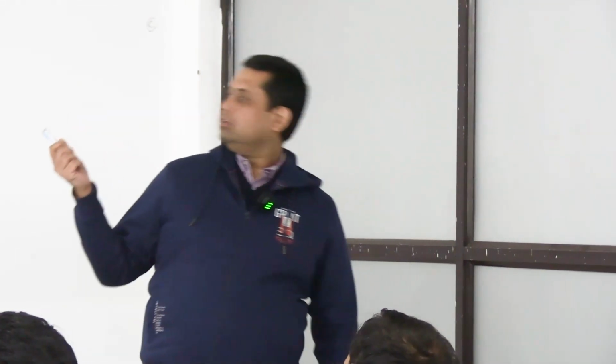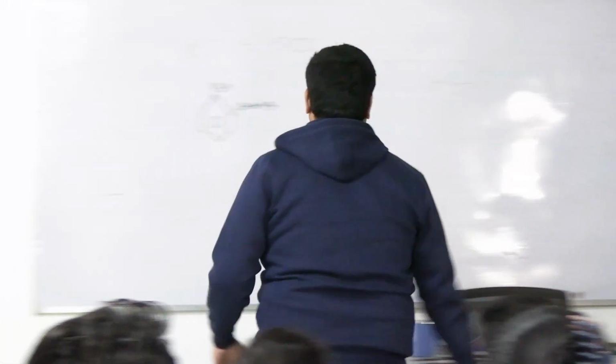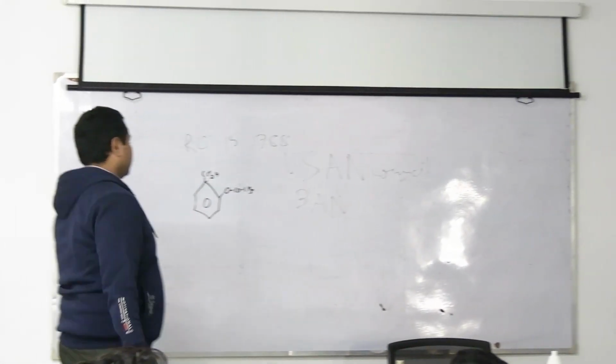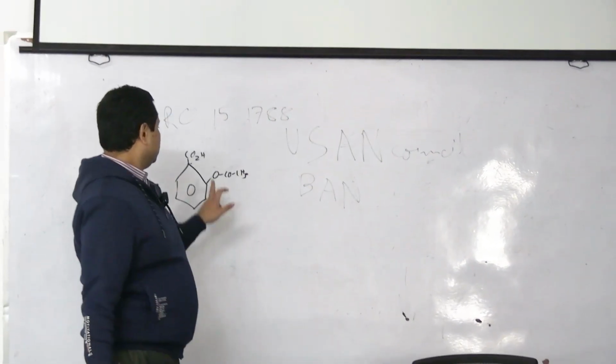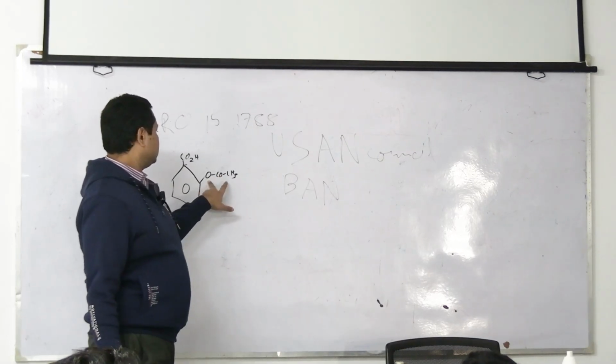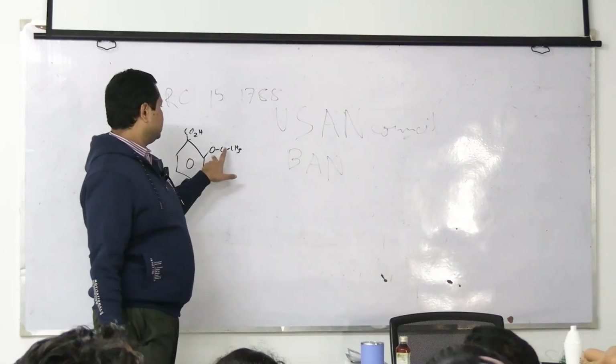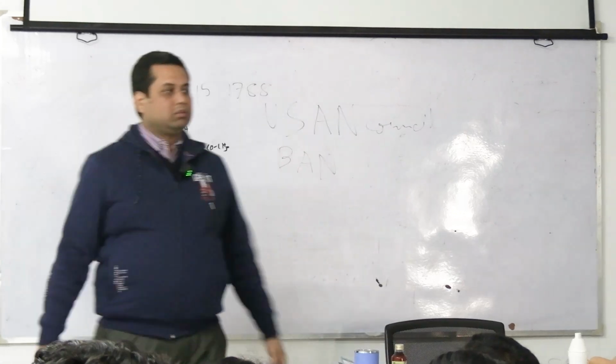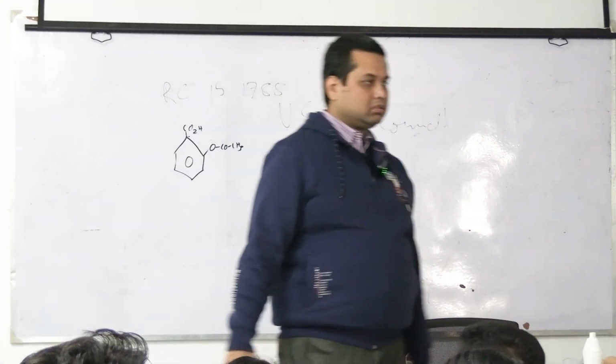International Union of Pure and Applied Chemistry. এর একটা IUPAC নেমও থাকবে। তো IUPAC নেমটা কি হবে? 2-oxo 2-ethoxy benzoic acid. হ্যাঁ, benzoic acid. ঠিক আছে? So that is a long name.